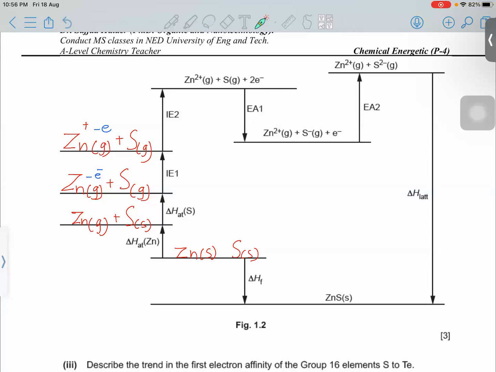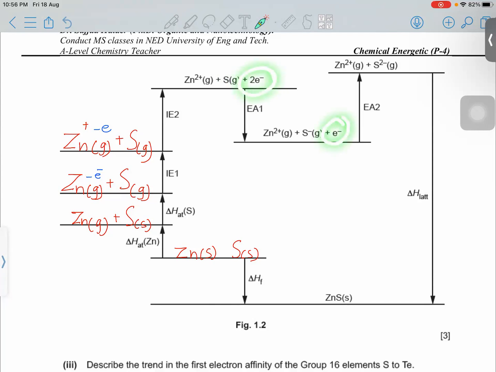Sometimes the way may be different, right? For example, here electrons are given, two electrons are shown, and here one electron is given again. Here two electrons are given. So these are not important.